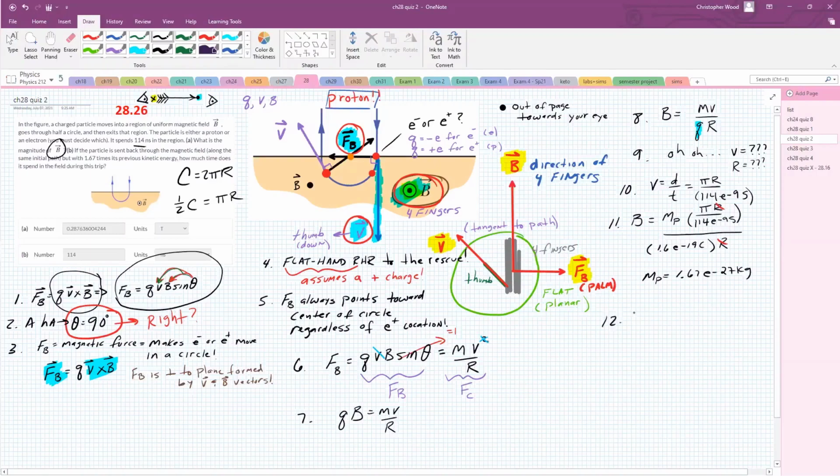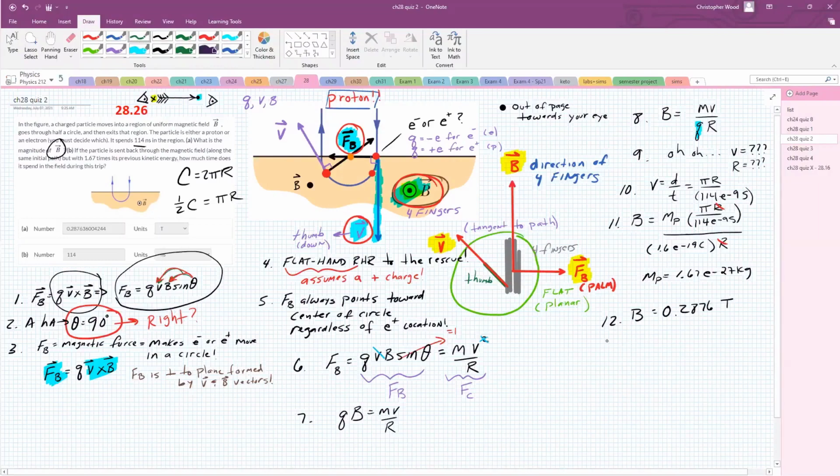So now let's find B, the strength of the magnetic field that produces this motion. Tesla.